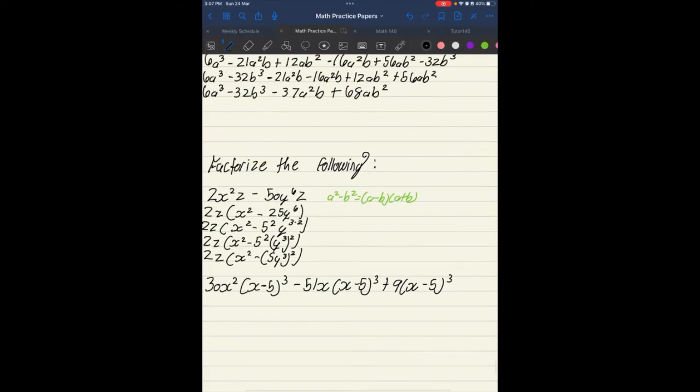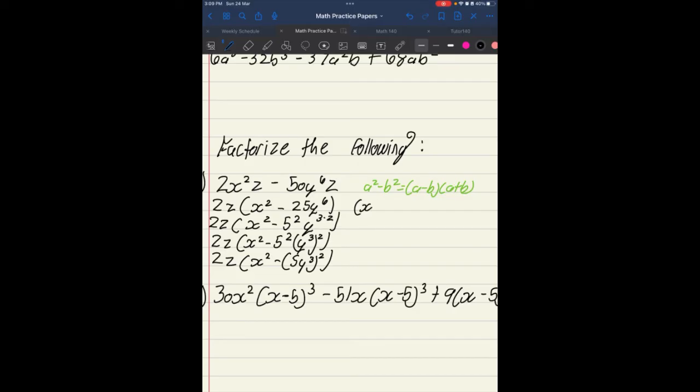So we could rewrite this with a as x, squared, and then b squared is 5y cubed, and all that is squared. So this is a squared, and this is b squared.